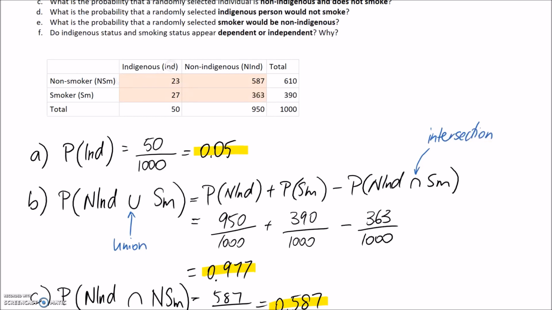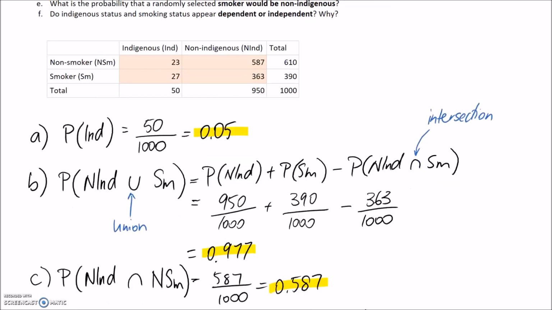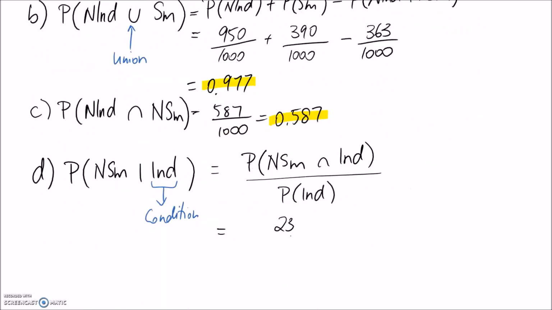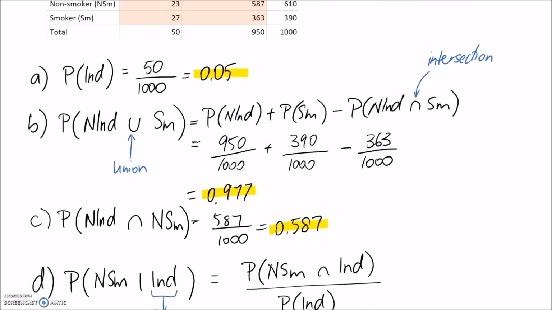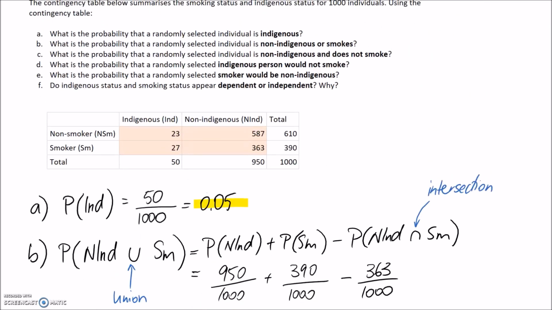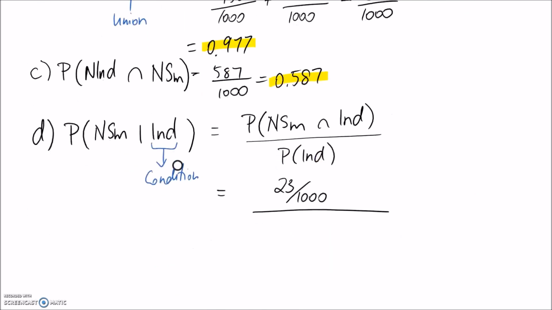So not smoker and Indigenous, that's going to be the 23 there, and it's out of the total number of people, which is 1,000, divided by the probability of just being Indigenous. So looking at this one, the marginal probability is 50 out of 1,000.